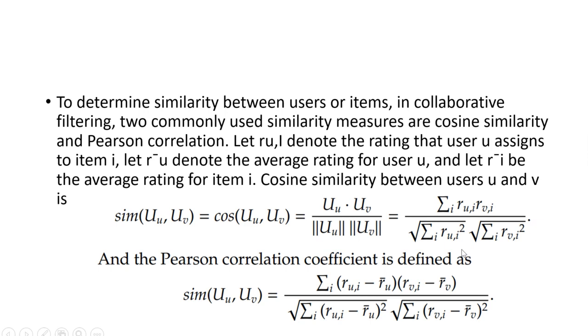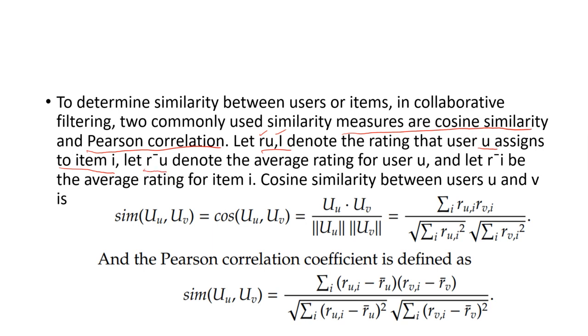Now, to determine similarity between users or items in collaborative filtering, we can use similarity measures, such as the cosine similarity or the Pearson correlation. If RUI denotes the rating that user U assigned to item I, that means the user has assigned a rating R to a particular item I, then it is denoted as RUI.